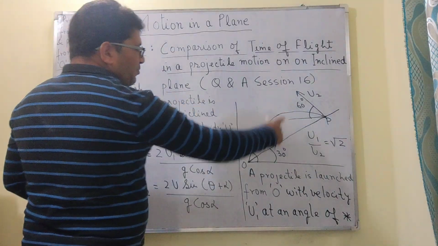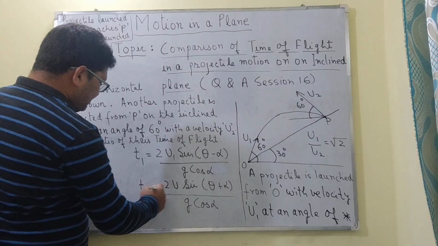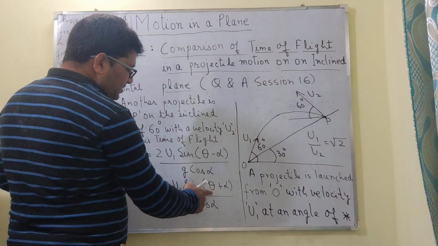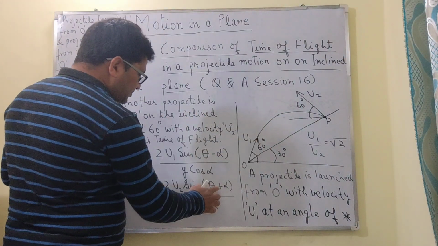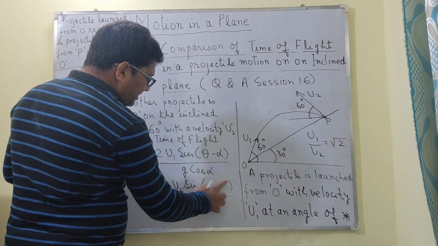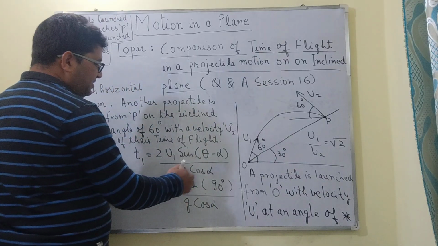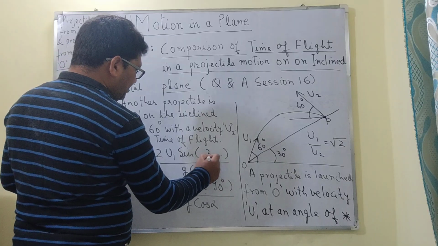In the second case when the projectile is projected from the point P with a velocity u2, t2 will be equal to 2u2 sin, where theta is 60 degree and alpha is 30 degree, so this will be sin 90 degree, and in the first case this will be 60 minus 30, which is equal to 30 degree.